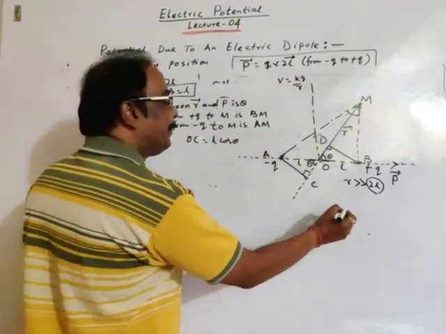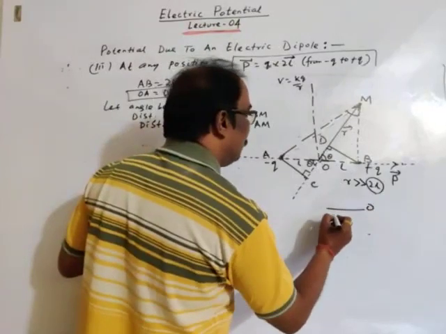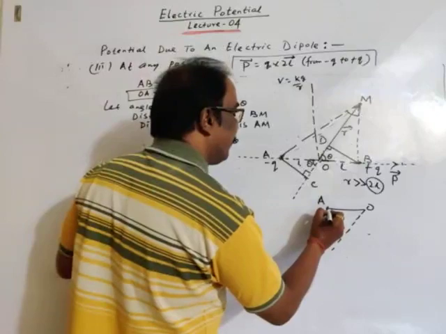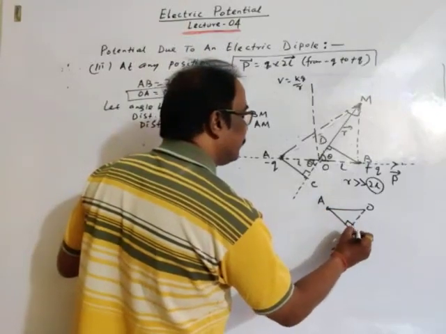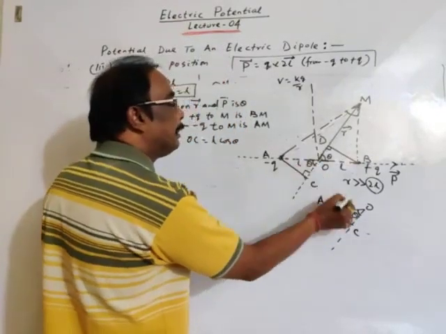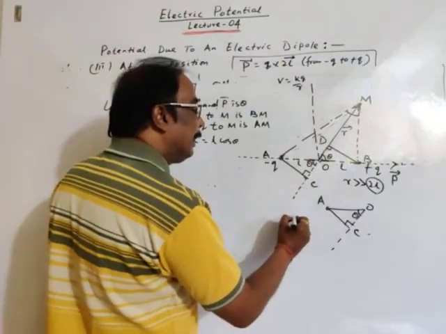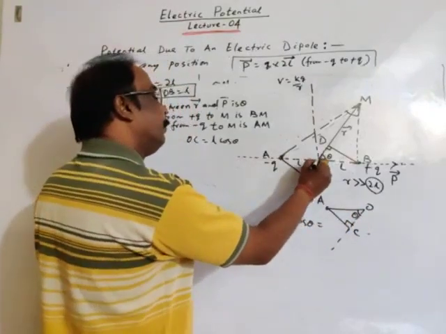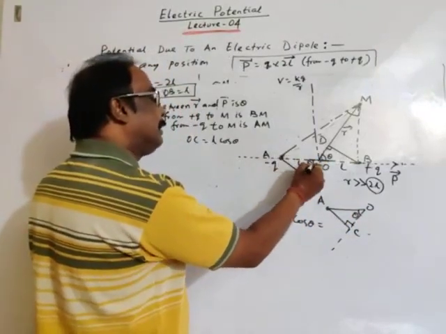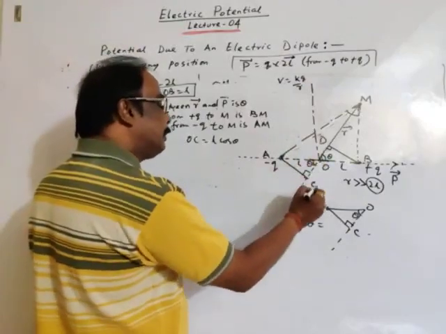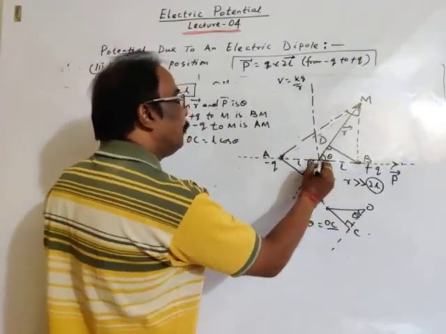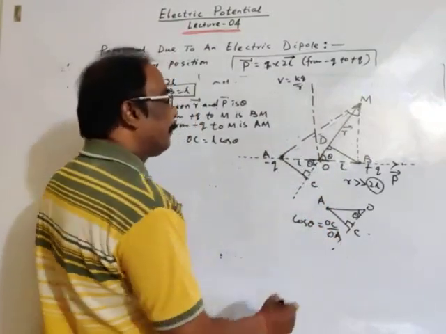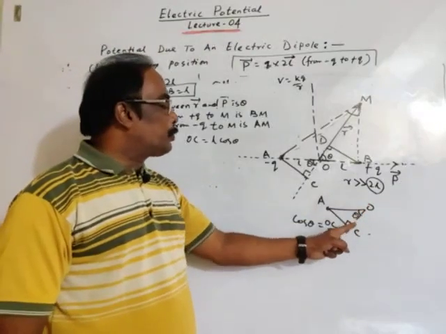I am showing you in a rough. See, this is O, this is A. Draw a perpendicular. This is C. This angle is theta. Then from this right angle triangle, cos theta is OC divided by OA.